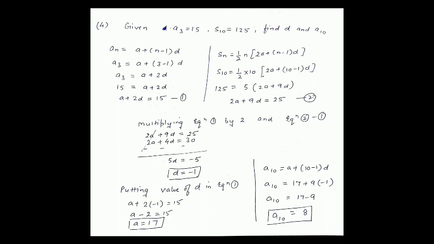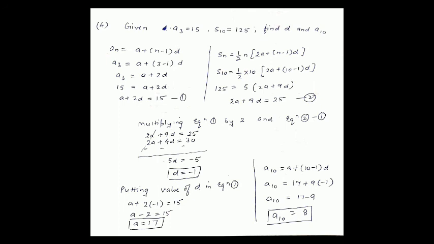When you multiply equation 1 by 2, it will be 2A plus 4D, which is equal to 15 twos are 30. Then equation 2 minus equation 1. Here 2A will get cancelled off. 9D minus 4D will be 5D, which is equal to minus 5. So D will be minus 1.